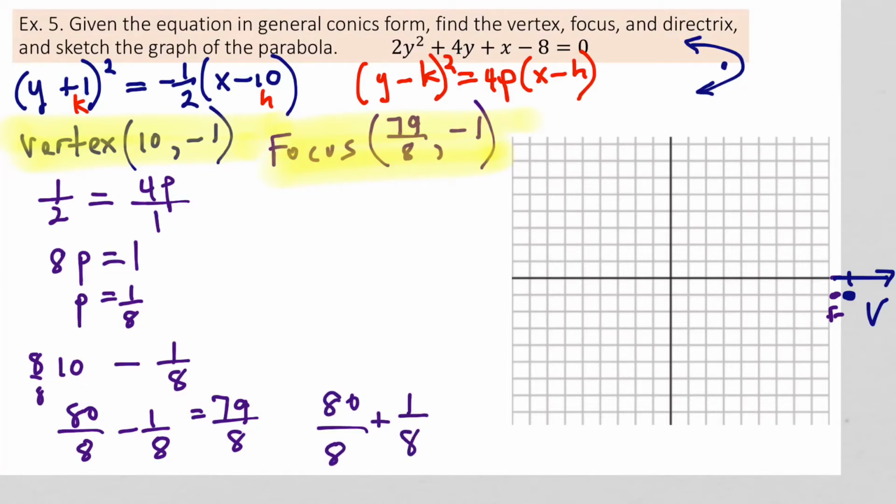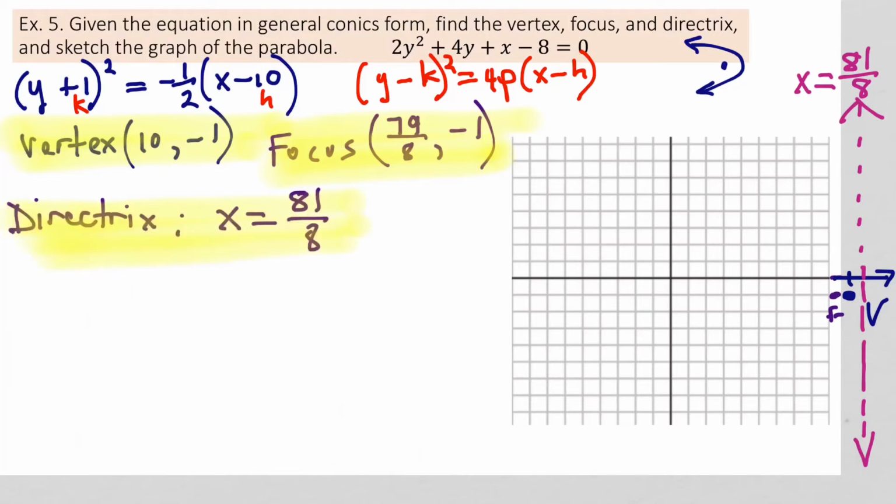Going to the right means add. So I'll get 81/8. All right, and that's going to be where I cut through with my directrix line. So let's sketch that in. All right, so I exaggerated that 1/8 distance here because it would be really hard to see that on this graph the way the squares are drawn. So let's write that out. My directrix then, so we can erase some of this now.